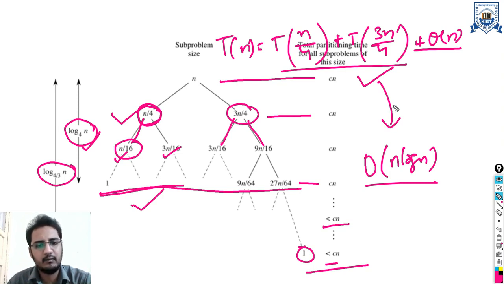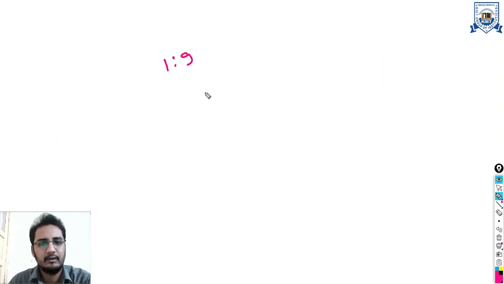What happens in that case? So now we are getting a split of 1:9. Suppose I had a problem of size n. Now on the left hand side I am getting a 1/10th part, that is n by 10, and on the right hand side I am getting the remaining part, that is 9n by 10.